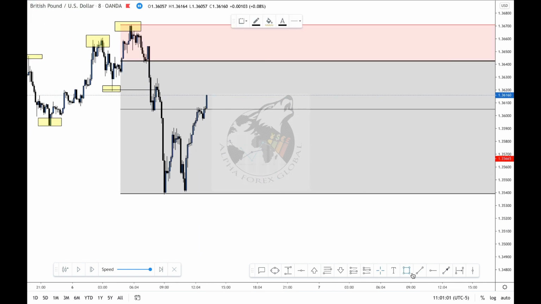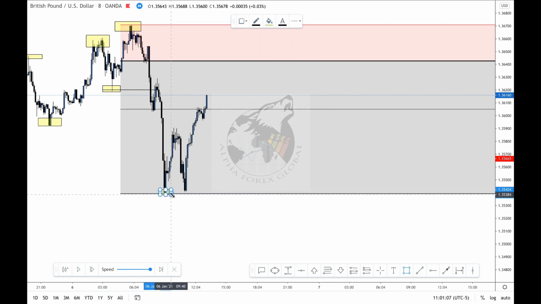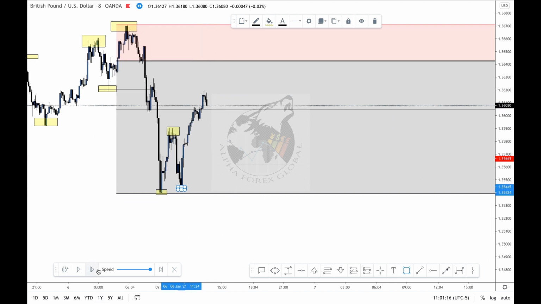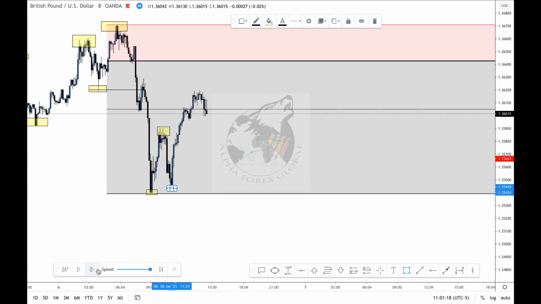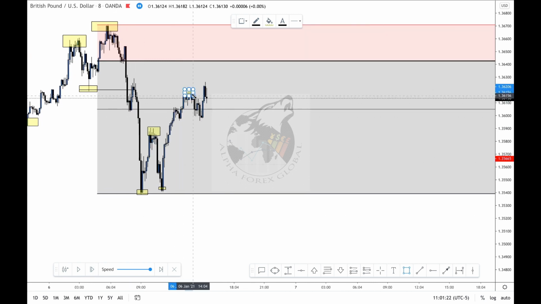So I'm going to use purple to identify this structure right here. So the market created this low right here, this high right here, this higher low right here, right? Then the market pushed up. Let's play this. The market created a high here, the market created a higher low here, right?